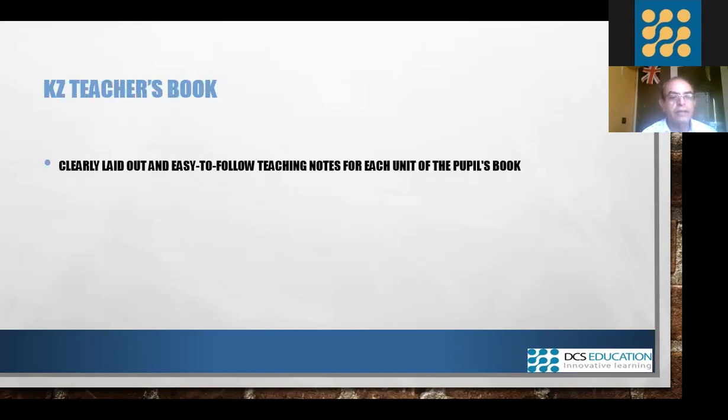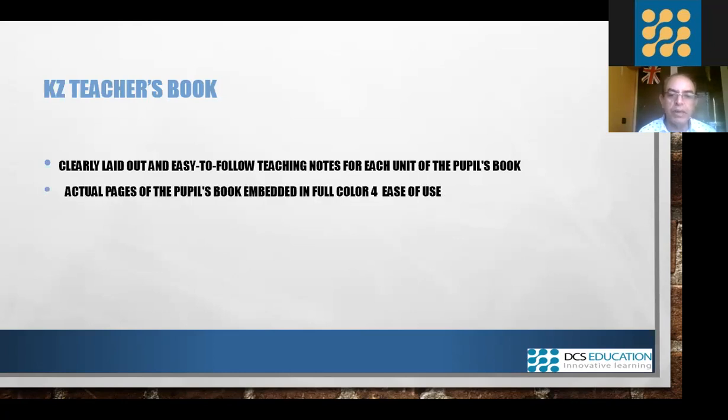Kidzone teacher's book, what are the main key features? Clearly laid out and easy to follow teaching notes for each unit. Actual pages of the pupil's book embedded in full color for ease of use. So the pupil's book is embedded in the teacher's book.